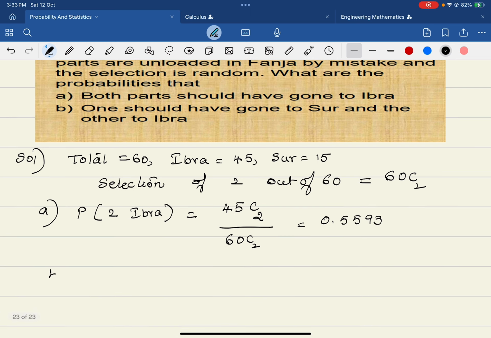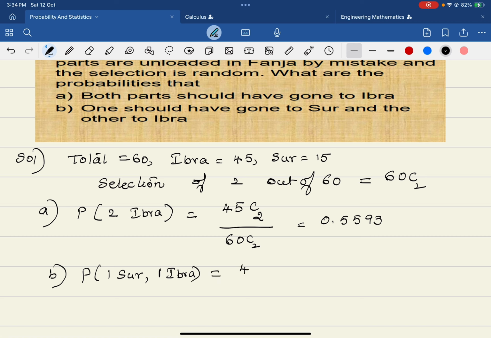And now coming to the second part. One should have gone to Sur and the other to Ibra. So that means 1 to Sur. 1 to Sur means there is one more, because you are going to select 2, correct? So 1 has gone to Sur and the other has gone to Ibra. So that is the understanding.